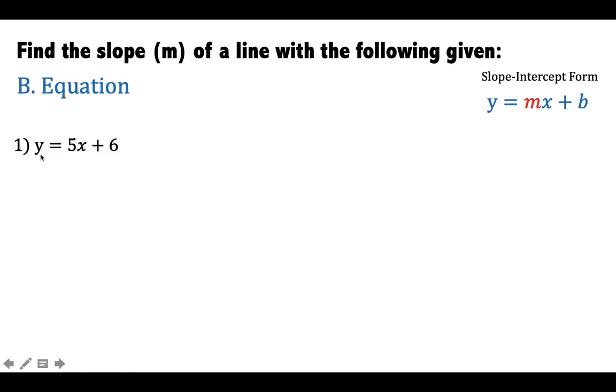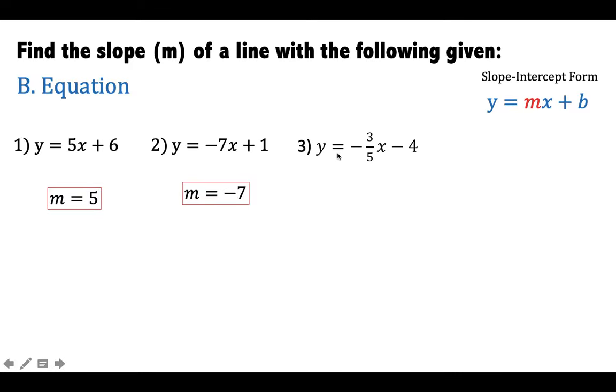Yes, because y is alone on one side, while on the right side we have 5x and a constant number. So the slope m is just beside the x. The number beside the x is 5, therefore our slope is 5. For given number 2, the number beside the x is negative 7, so our slope is negative 7.